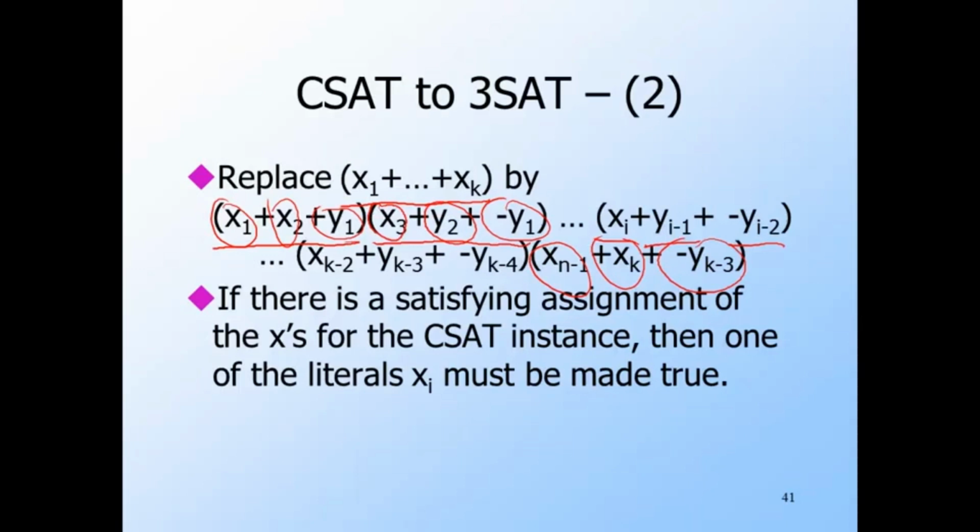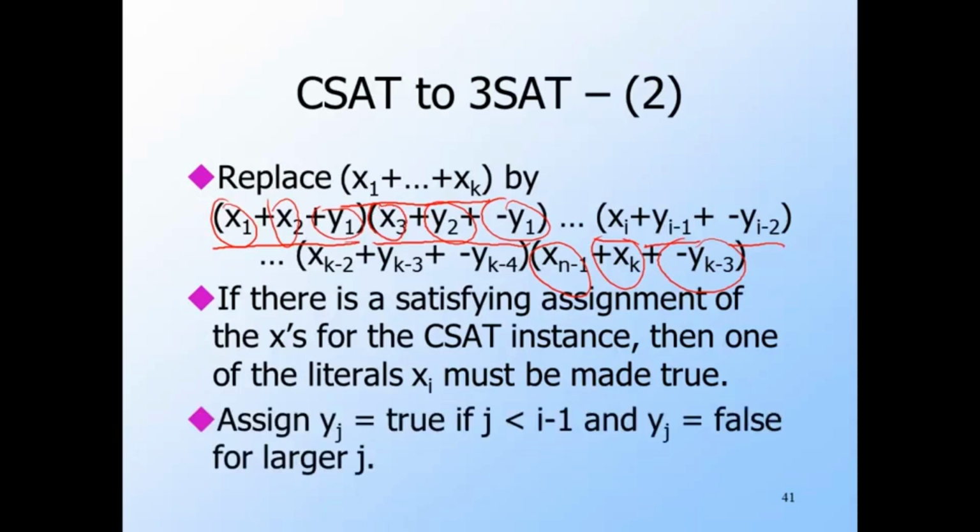Then this assignment makes at least one of the literals, the x's, true. Say it makes x sub i true. Then we can assign y sub j the truth value true for j less than i minus 1, and assign y sub j the value false for j equal to or greater than i minus 1.